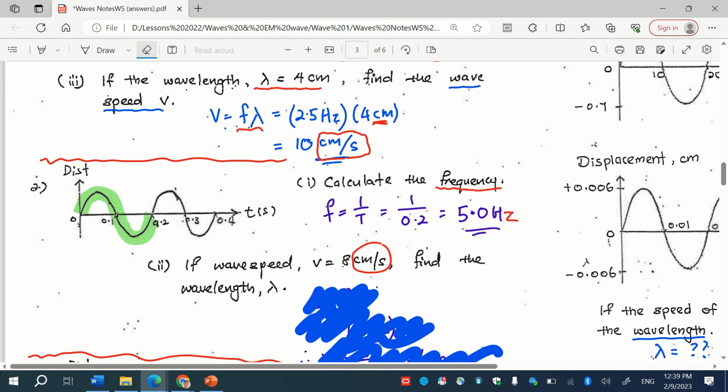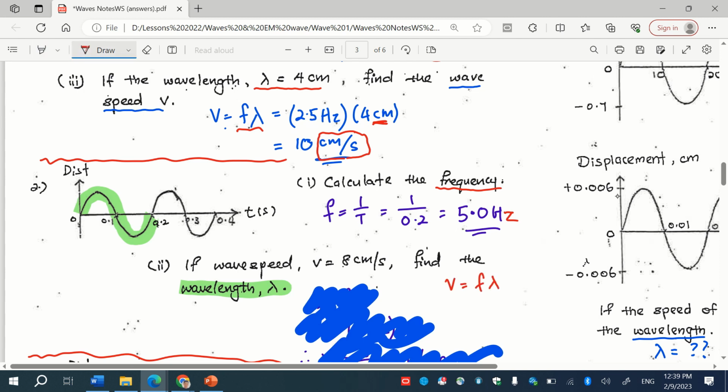This time the wave speed given is 8 cm per second. Can you help find the wavelength? Okay, find the wavelength. So you can use the wave speed formula, v equals f lambda.